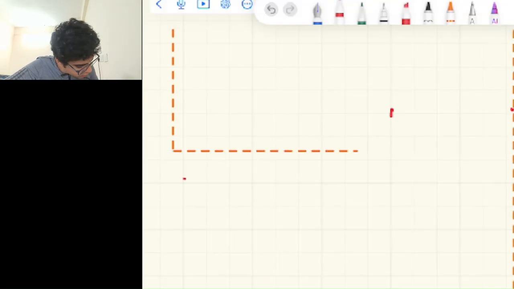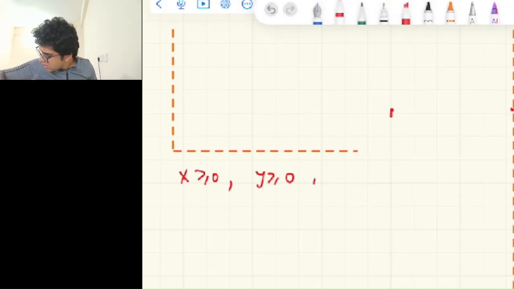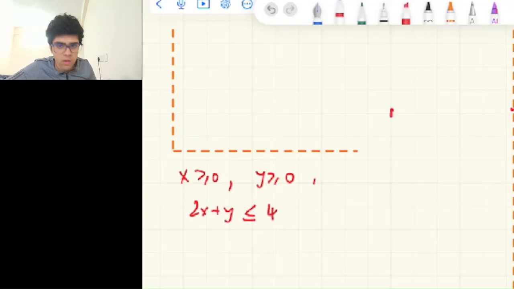The constraints given to us are x greater than equal to 0, y greater than equal to 0, and 2x plus y less than equal to 4. So this means that all of our points are lying in the first quadrant, because x is positive and y is also positive.